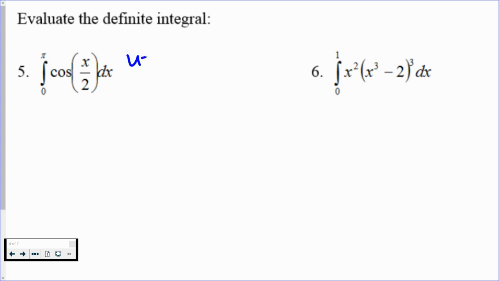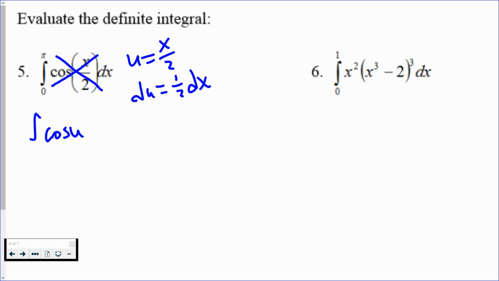So if our u is x over 2, which is the same as 1/2 x, then our du, the derivative, would be 1/2 dx. So if we rewrite this integral in terms of u, we've got cosine of u, and that takes care of this piece. Then we just have dx, which is like 1 dx.